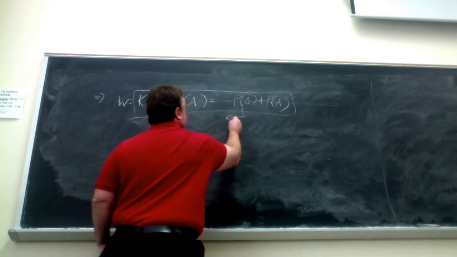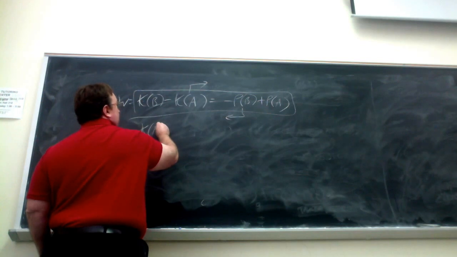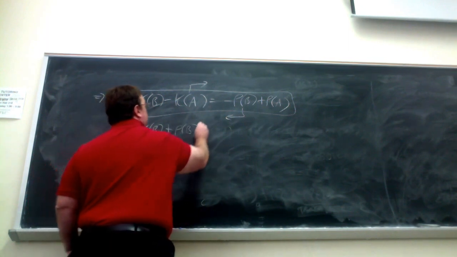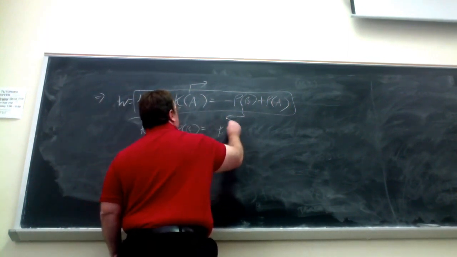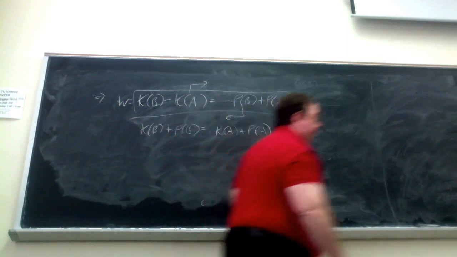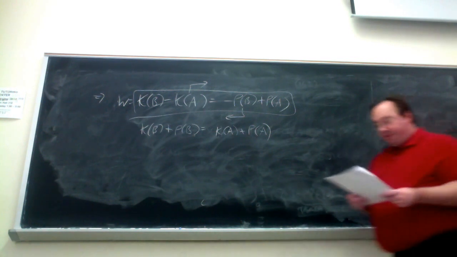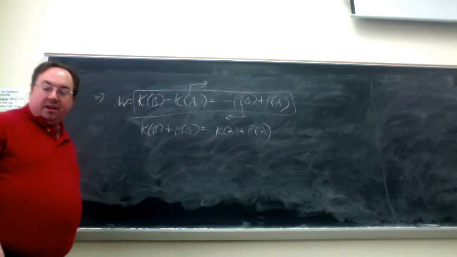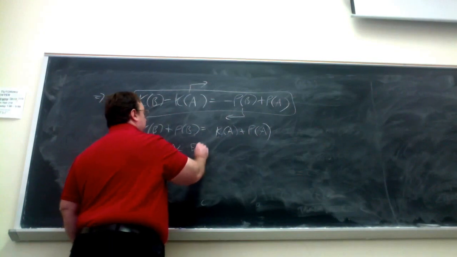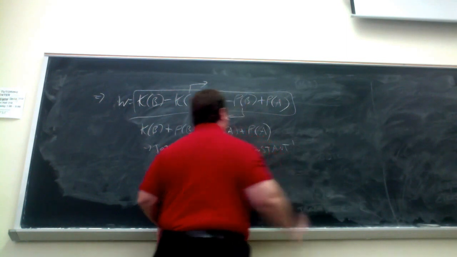So I'm going to move this over and move this over, and you get K of B plus P of B is equal to K of A plus P of A. So the total energy is constant.